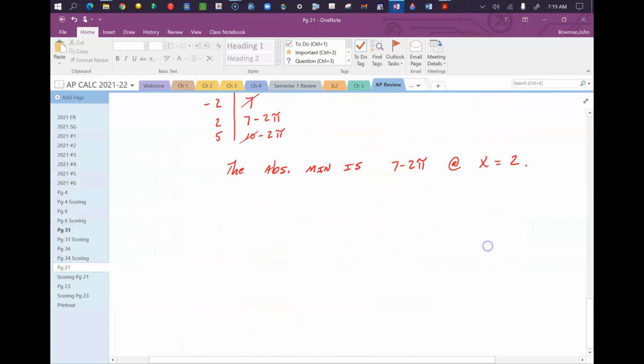So in part D, we're going to need to say f double prime of -5 is equal to -1/2.